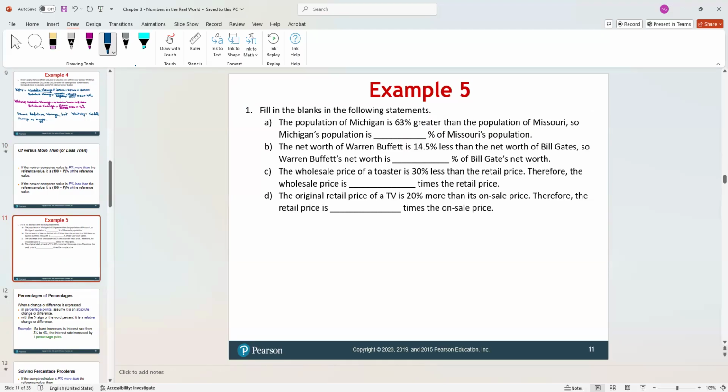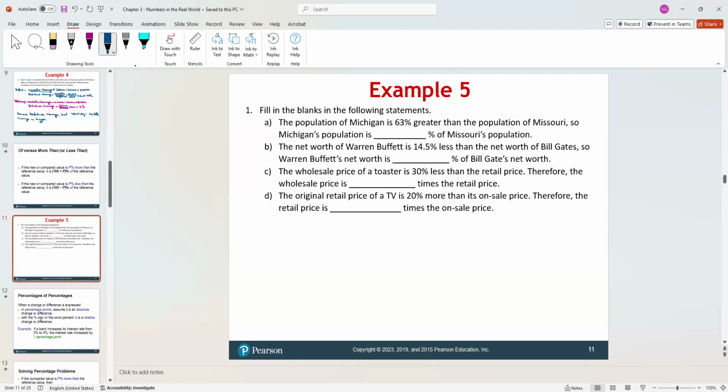One of them says that the population of Michigan is 63% greater than the population of Missouri, right? The population of Michigan is 63% more than the population of Missouri. So Michigan's population is what of Missouri's? I'll let you think about it, right?